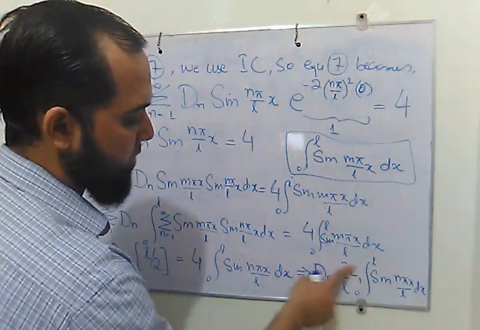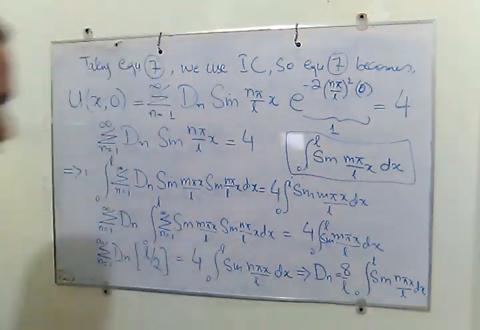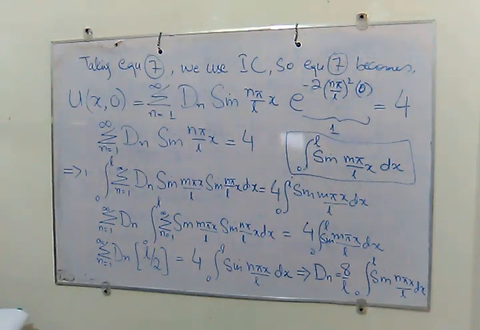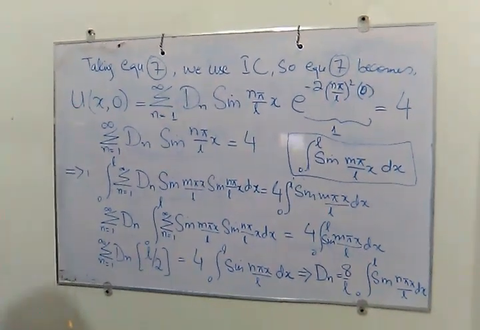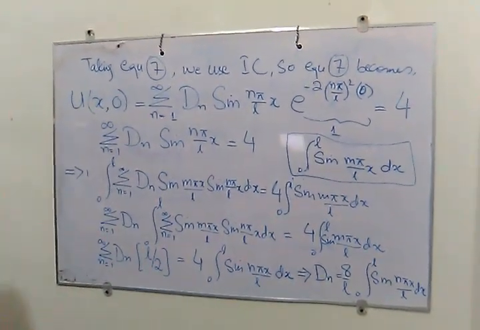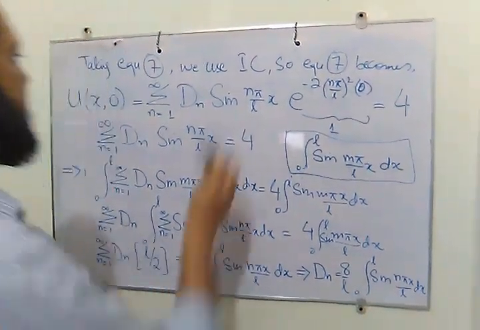And this 2 and 4 multiply, and we get the value of 8. So now we have to find dn by solving this integration.